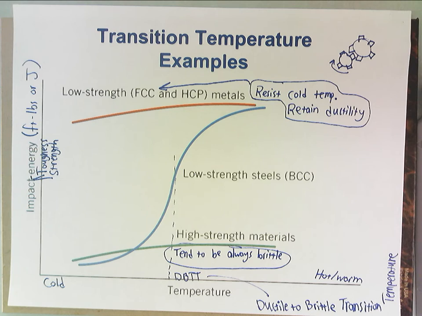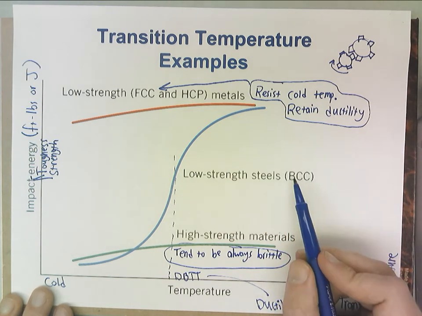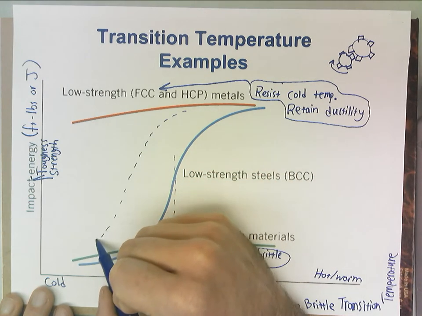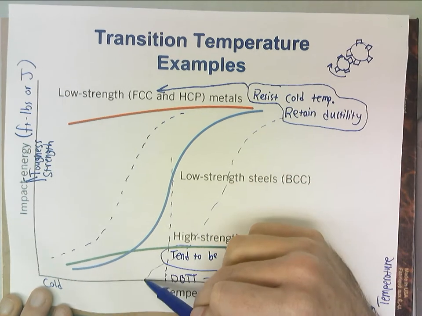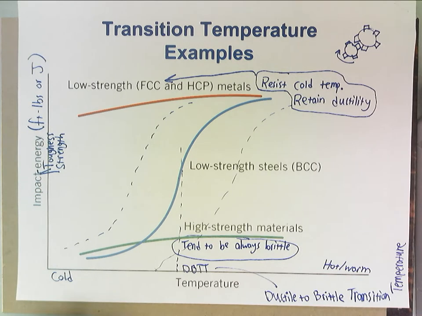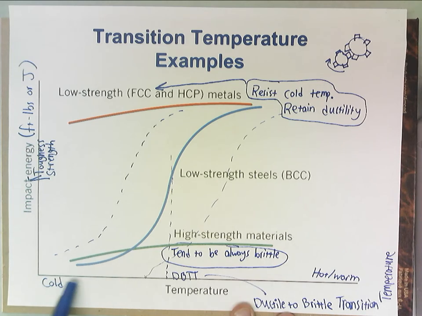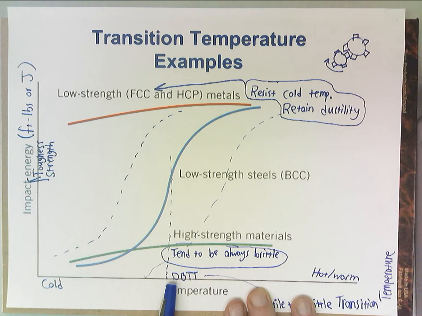So if this is one steel, right? Steel is usually body-centered cubic, versus here's another steel. Here's another steel. Which one do I want to use at cold temperatures? What do you think? Well, if I know I'm going to be cold, I am brittle in this situation over here.